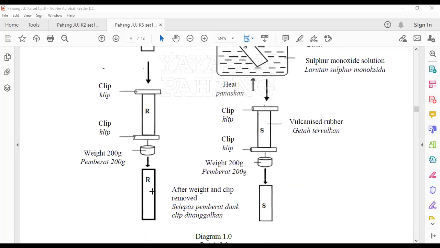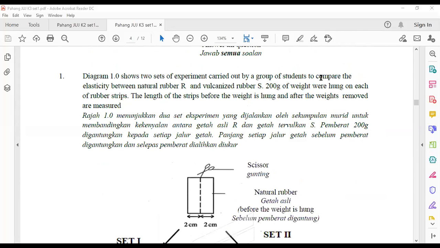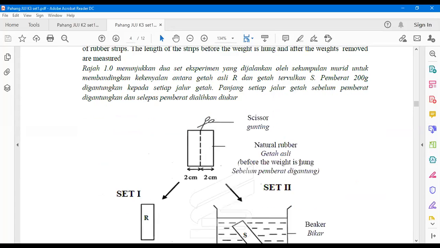Now, again, which is more elastic from the diagram here? Why am I asking you which is more elastic? This is because the aim of the experiment is to compare the elasticity of natural rubber R and vulcanized rubber S. So, which is more elastic? It is vulcanized rubber S that is more elastic than natural rubber R.